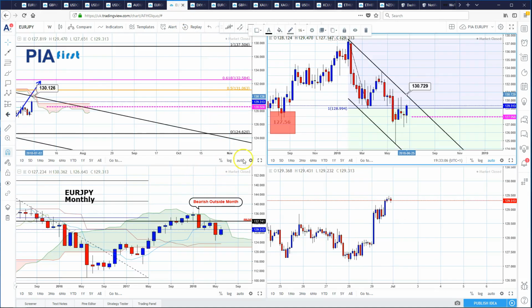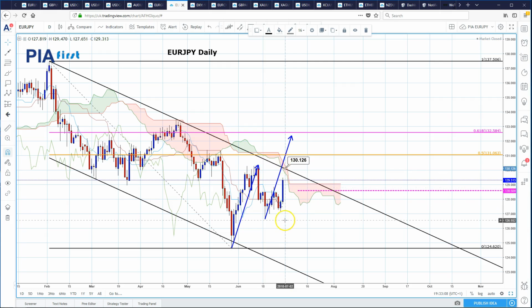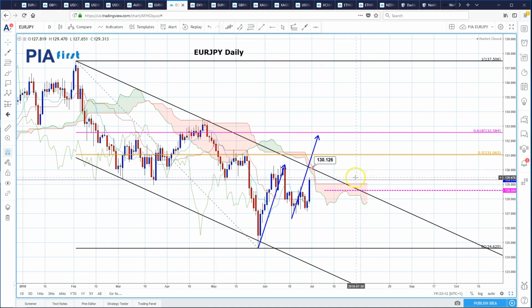Euro yen, again a decent drive to the upside on Friday. Our bespoke support is at 128.58, which is very close to the Marubozu level from Friday. We really have to see a breakout of this trendline resistance at 130.12 to then see a higher correction, what we believe will be a correction towards 132.58.